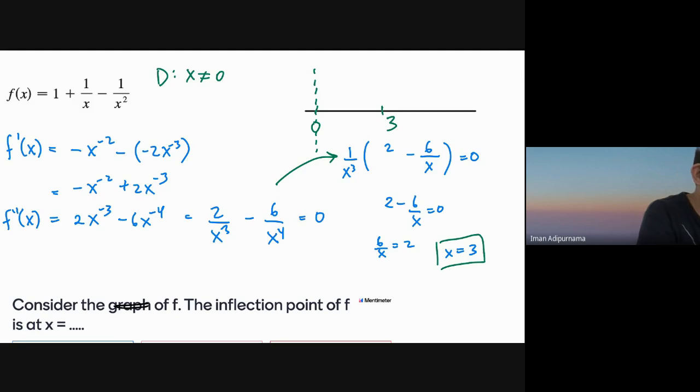And you can check from 1 or maybe 2, it will be negative, right? And if you have more than 3, it will be positive. So then it's correct that at 3, the concavity is changing from downwards to upwards.